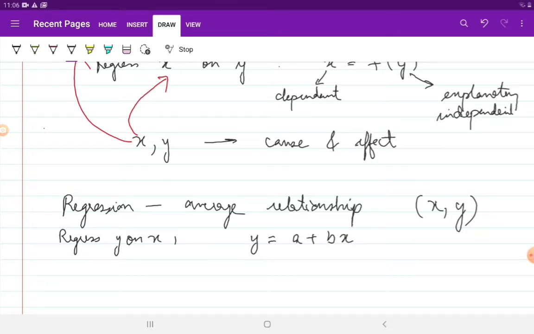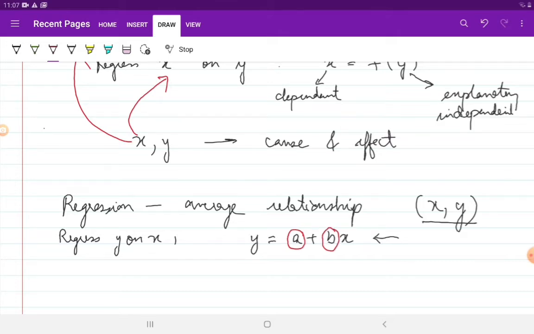Okay, so when you are estimating or performing a regression analysis on the variables x and y, and you choose to regress y on x, you're basically trying to determine this function. How is y linearly related to x? That is, you're trying to find the values of the parameters of this function.